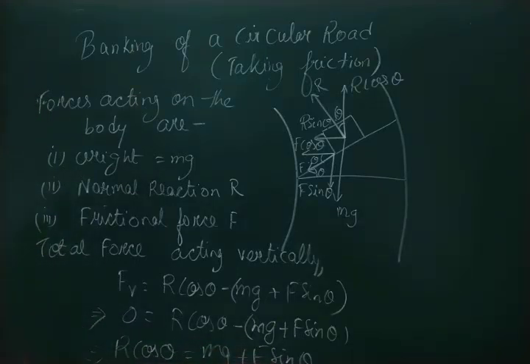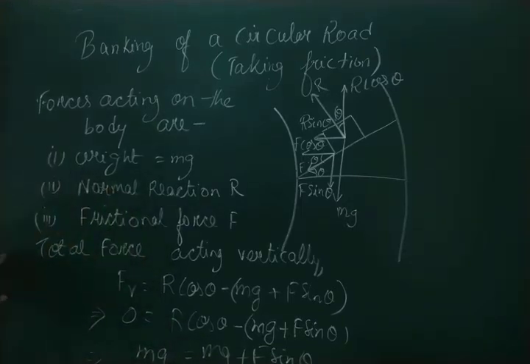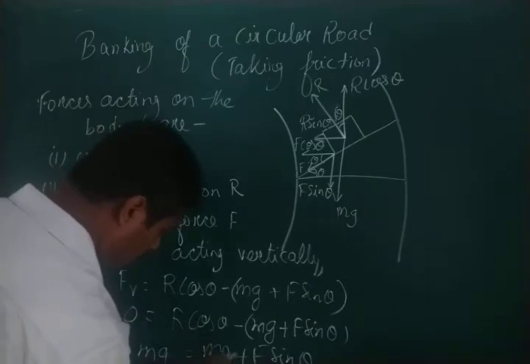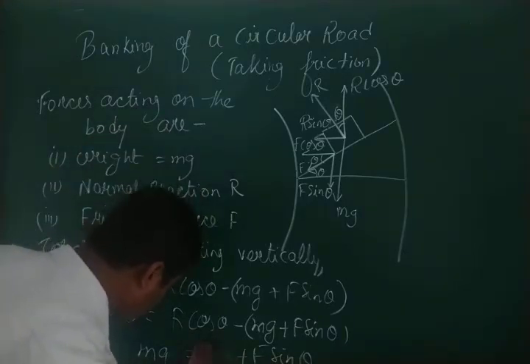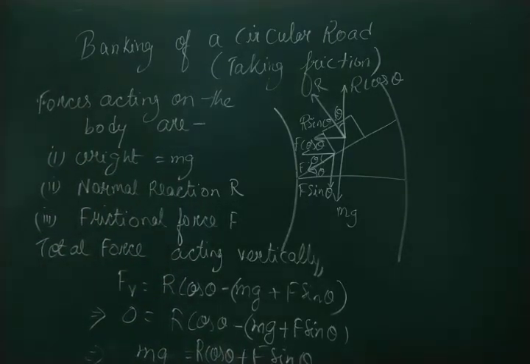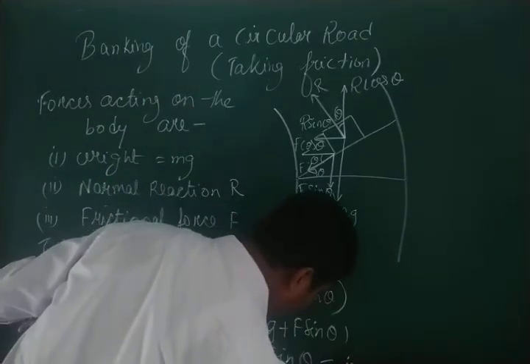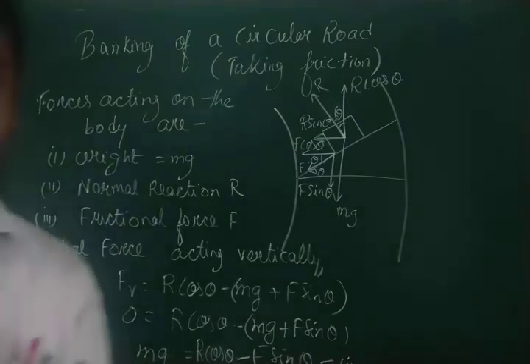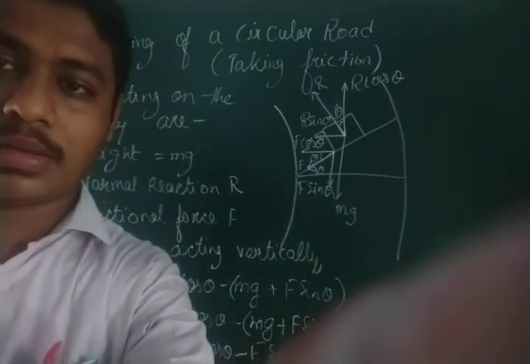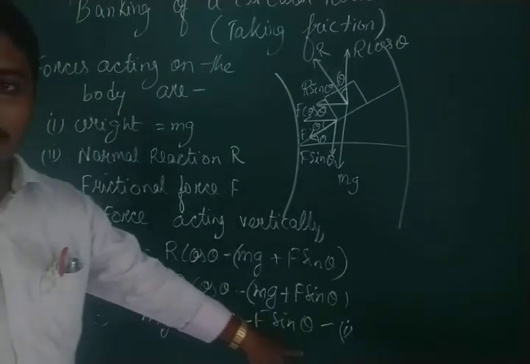Or else you can do one thing, we can write mg equals, bringing mg this side, R cos theta plus F sin theta. Sorry, it's not plus, it will be minus. This will be minus F sin theta. Mark this as equation number 1. Clear? You can see mg is equal to R cos theta minus F sin theta.